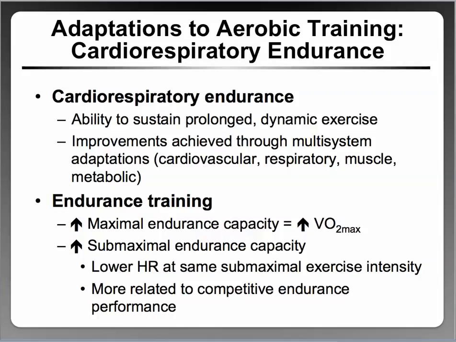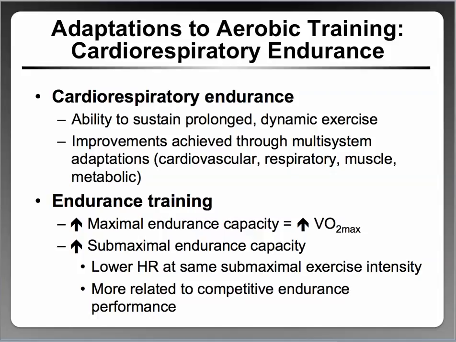So the legs, when you're running, cycling, even you can include swimming with an upper body component, but it's basically rhythmic, repeated contractions. And cardiorespiratory endurance is in contrast to muscular endurance, which usually denotes a single muscle or a single muscle group.